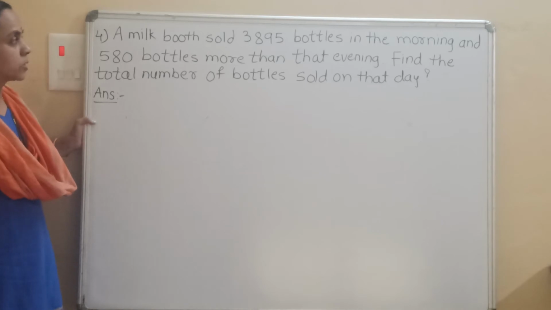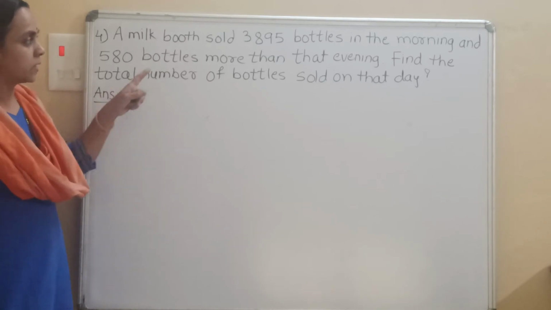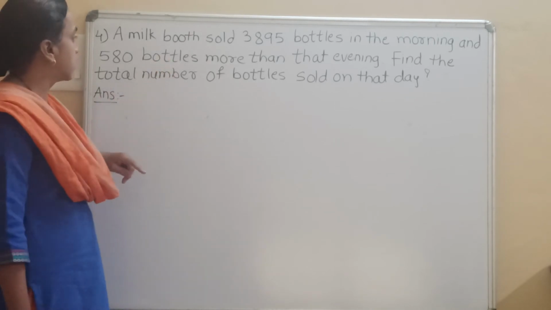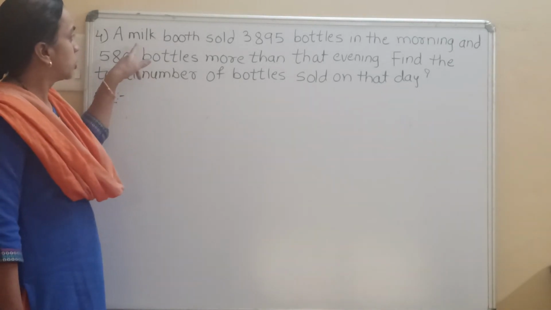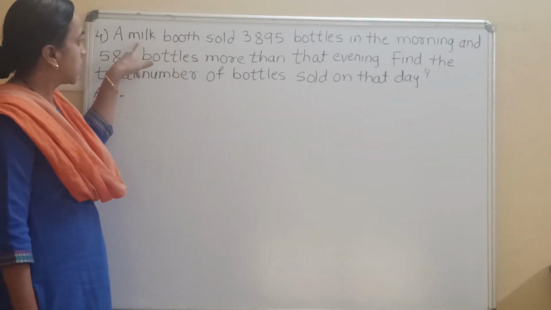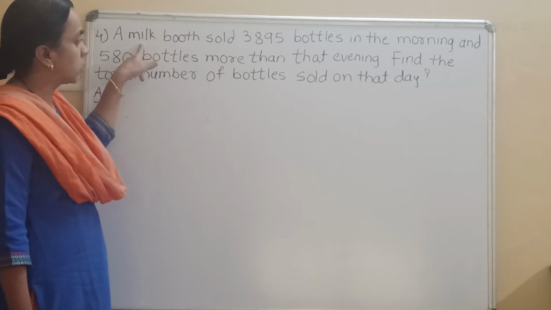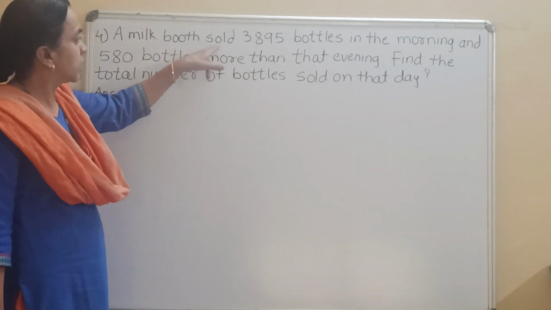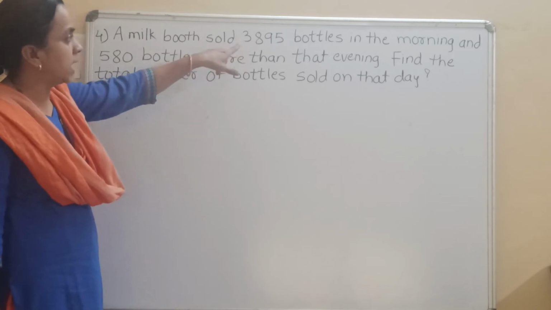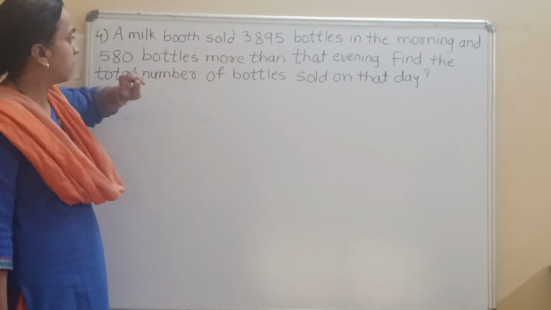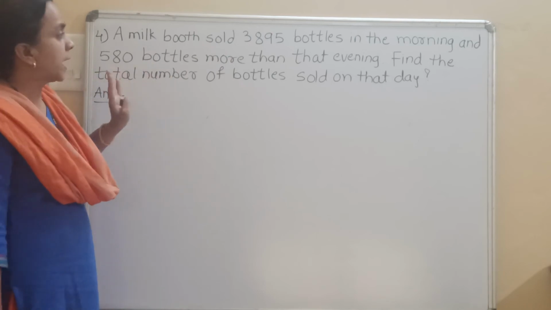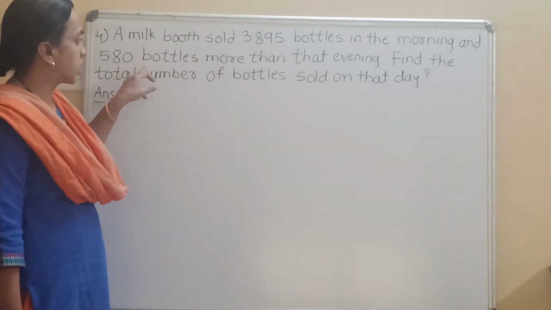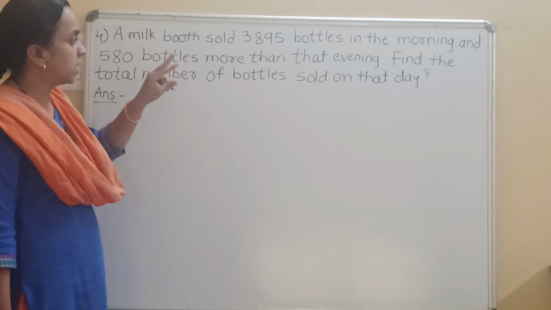Now see fourth example. A milk booth sold 3,895 bottles in the morning. A milk booth means a place where we get milk. So what did they do in the morning? They sold 3,895 bottles, and 580 bottles more than that in the evening.